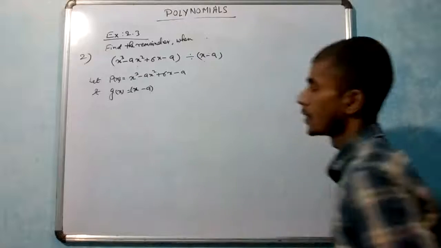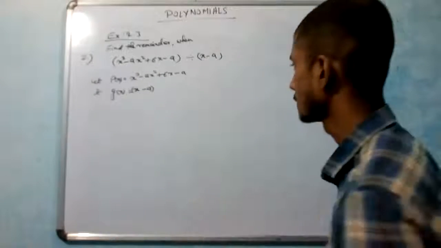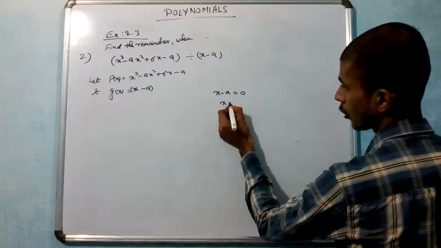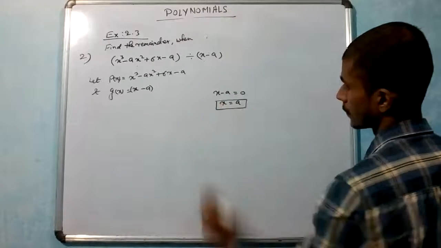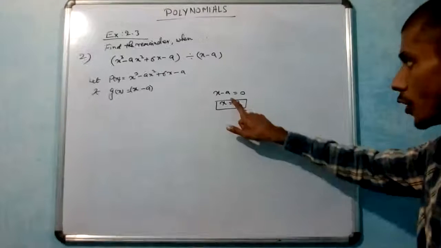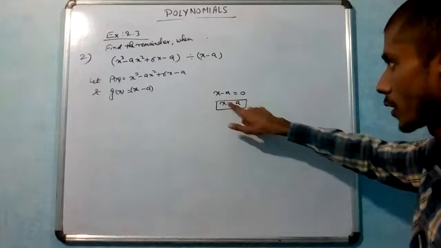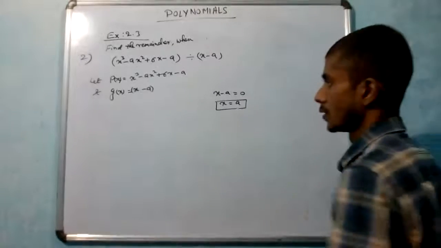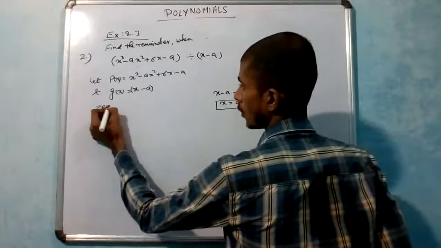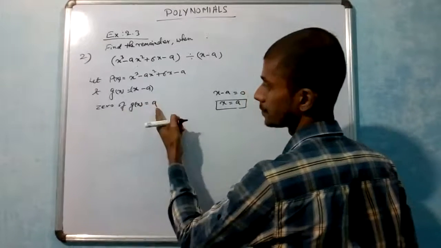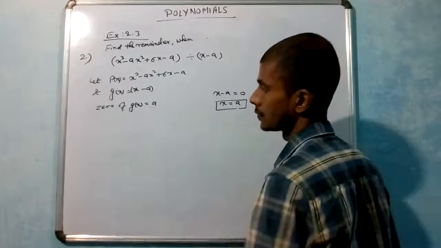Now tell me the 0 of g(x). x minus a is equal to 0, so x is equal to how much? a. So a is the 0 of x minus a. If you substitute a here, it will make 0. Correct? So the 0 of g(x) is a.